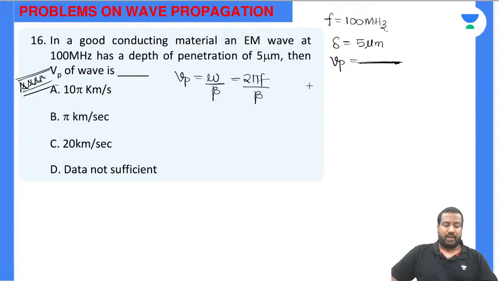But how to find beta? Is the data sufficient? How to find beta from delta?